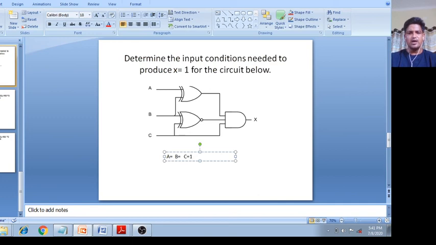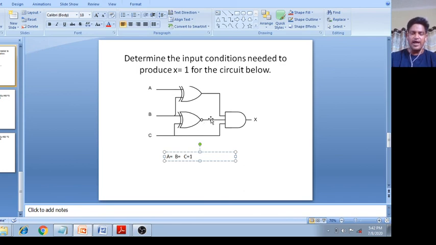Okay, now again you require 1 here and 1 here, but one is an XOR gate and this one is an XNOR gate. So what will be the value of A and B? You require 1 here and here is already 1.